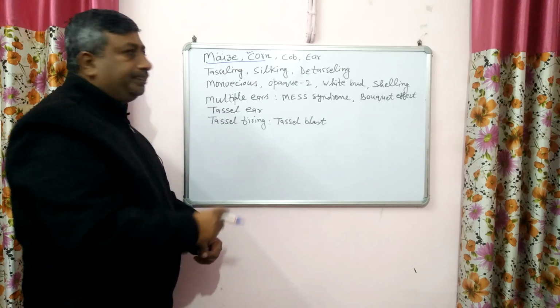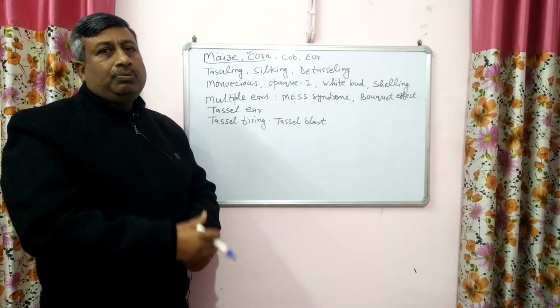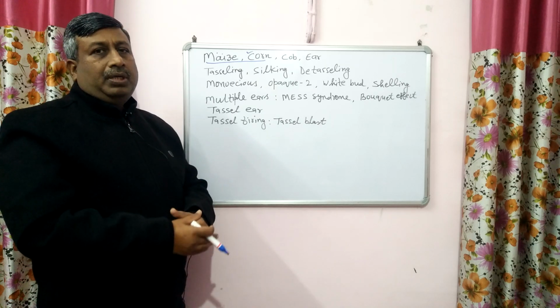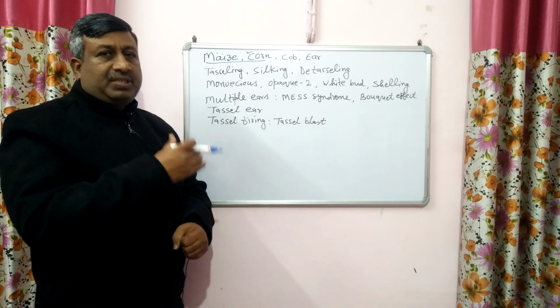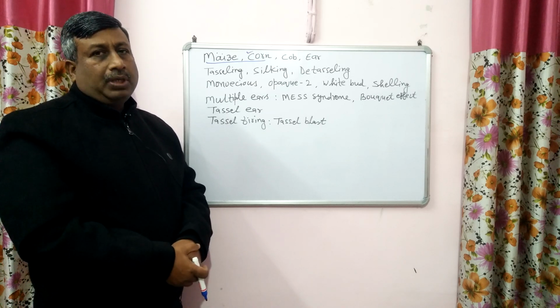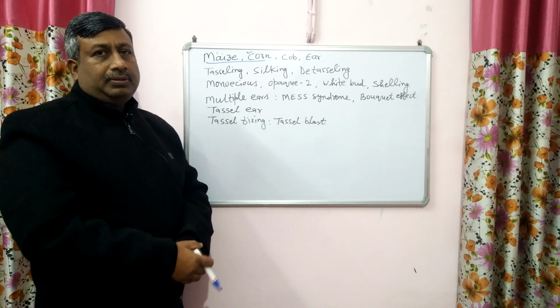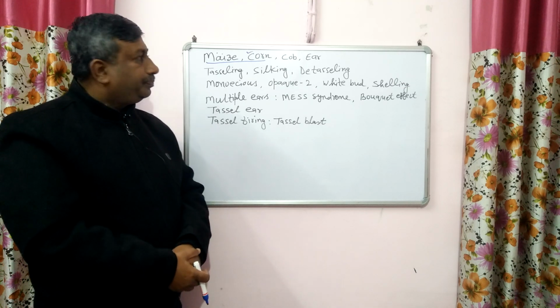So nowadays, corn means maize. Otherwise, corn may be applied to any grain. So maize and corn both are synonymous, but there is a difference: corn is said to be any grain.